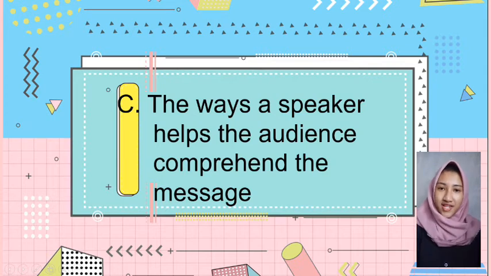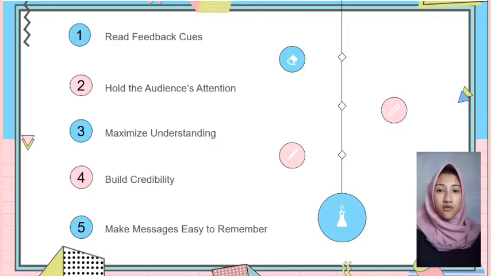Alright, the next point is the ways a speaker helps the audience comprehend the message. First, read feedback cues. Feedback is the verbal and non-verbal response from an audience which helps the speaker modify and regulate what she or he is saying. Second is hold the audience's attention.